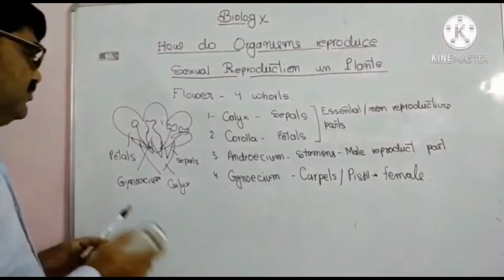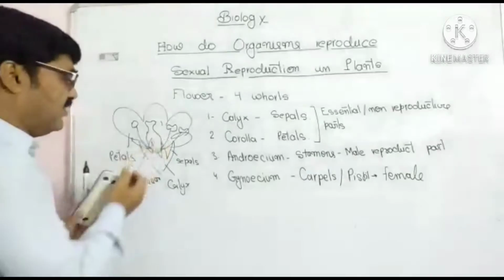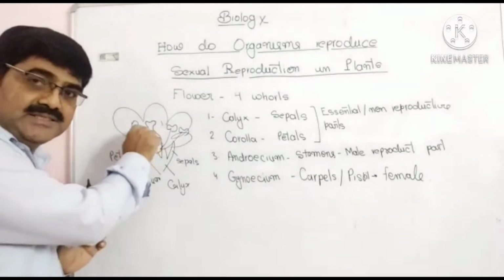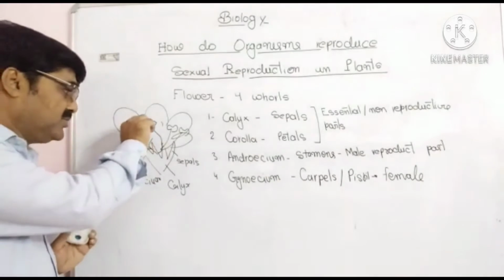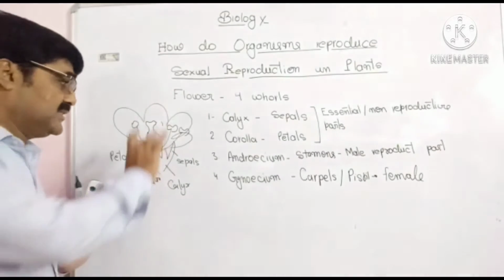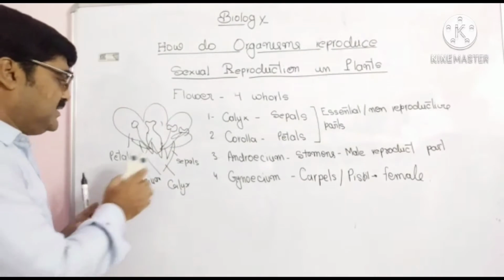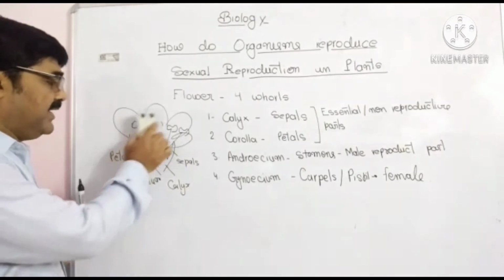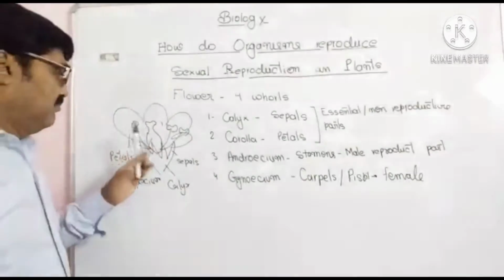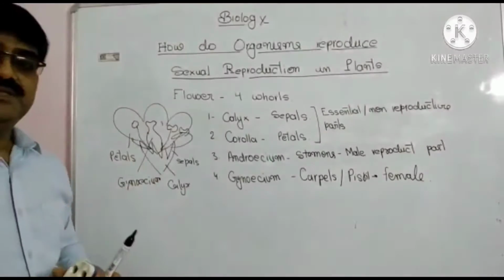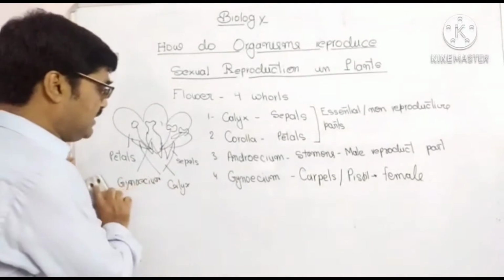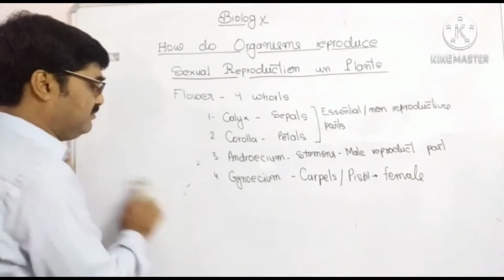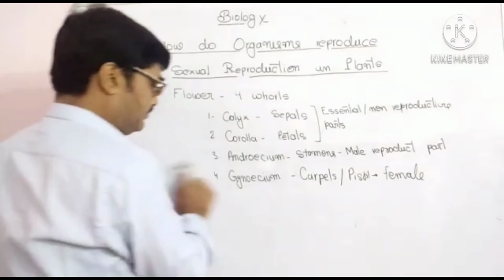If we open the flower, in the middle we can see this type of structure. This is gynoecium, and it is made up of carpels. This gynoecium is surrounded by a number of stamens, that is androecium. So let's discuss this androecium and gynoecium in detail.